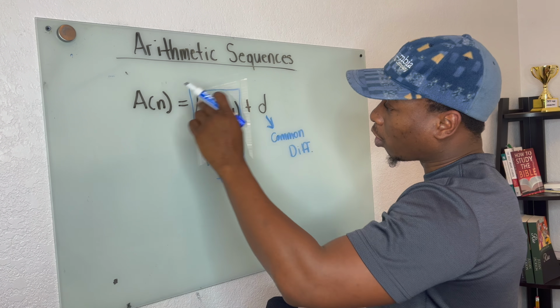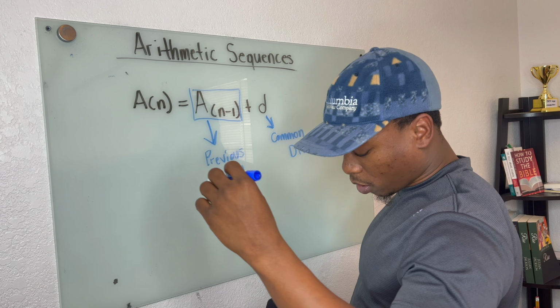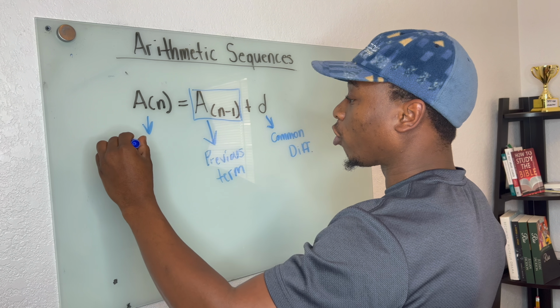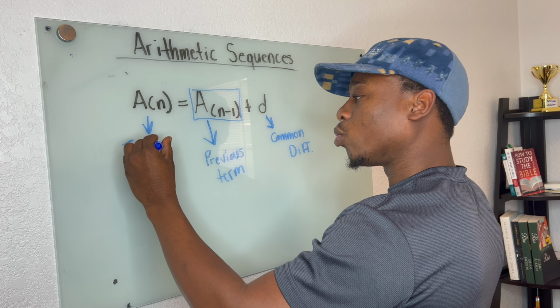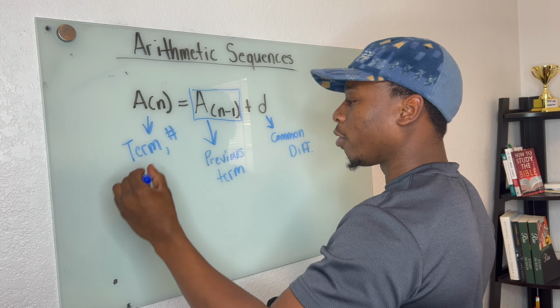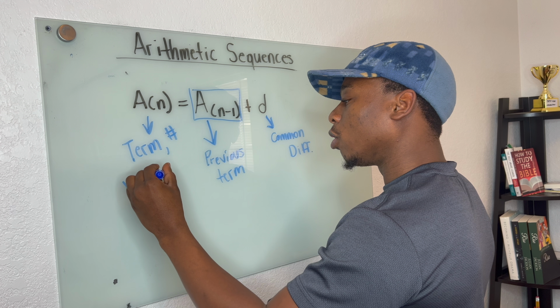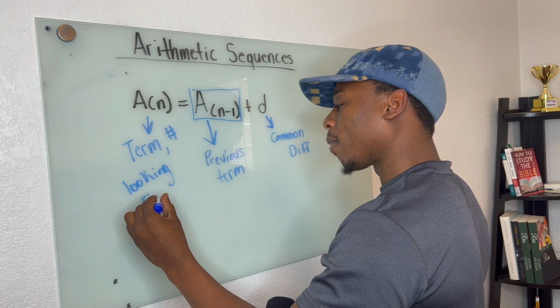And then our last one, a of n, is going to be the term or number that we are currently looking for.